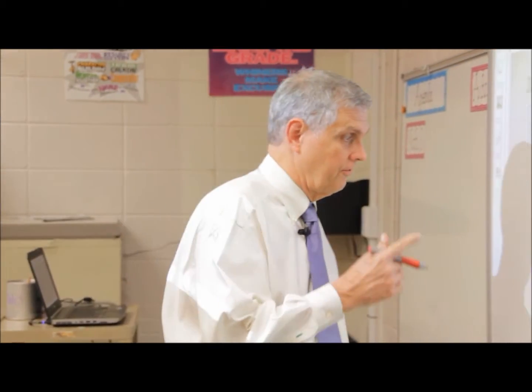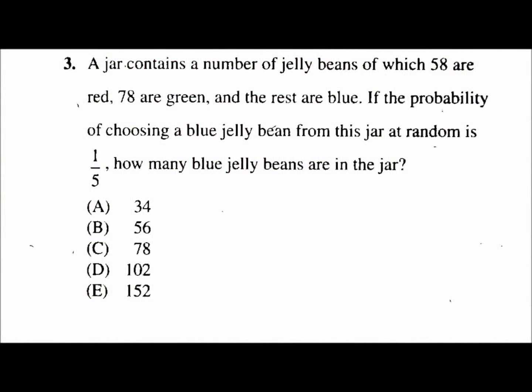Now, the twist that they gave you here is that when I was showing you the formula, you would like to know what the total number of jelly beans are, and then they tell you how many of them are blue, and then you'd find out the probability. But in this one, the hook is they give you the probability, and you've got to figure out how many blue jelly beans you have. So let's use a little logic here. We know that the total has to be 78 green, and it's got to be 58 red. And we don't know how many blue we have, but we do know that that is the total. So this is going to be your denominator of that probability formula.